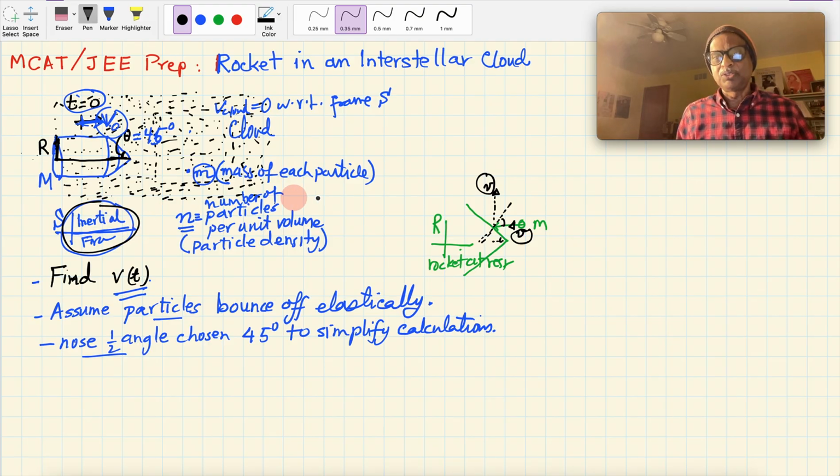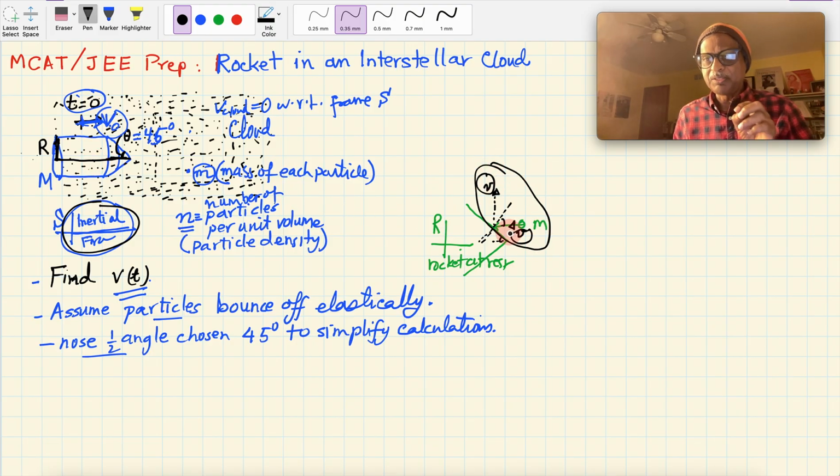In this frame, this change in momentum will reflect the change in momentum of the rocket, right?